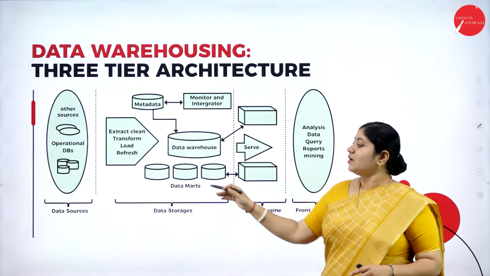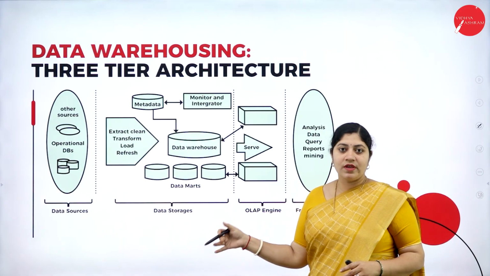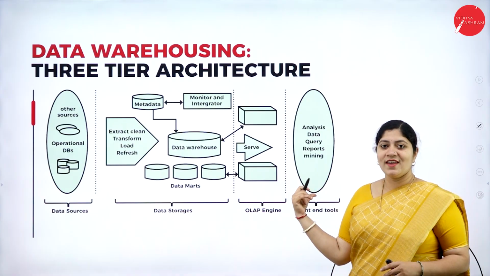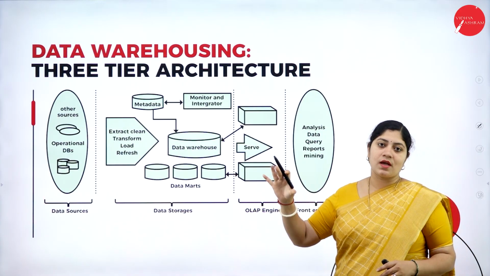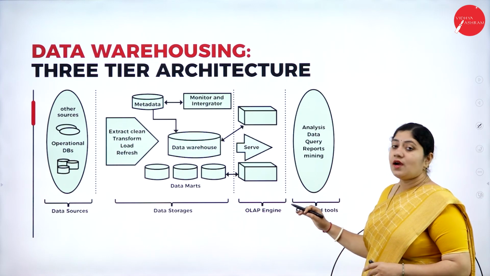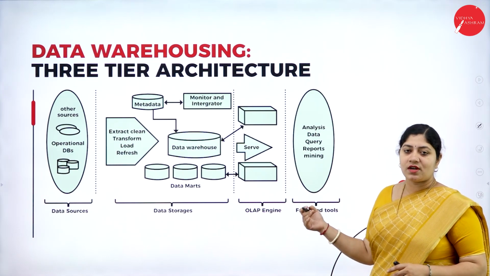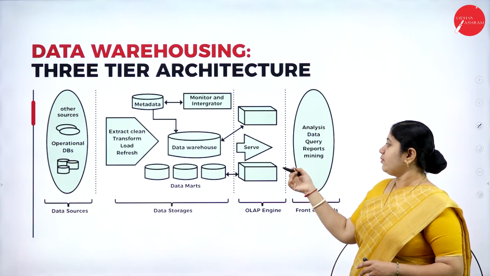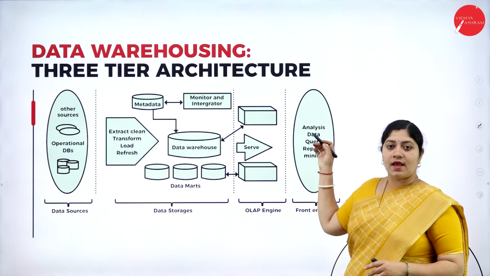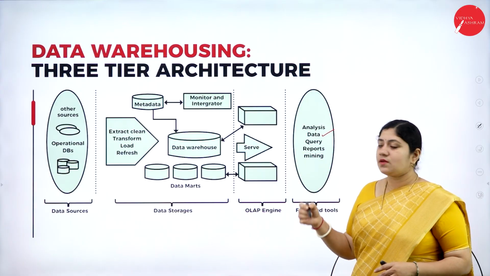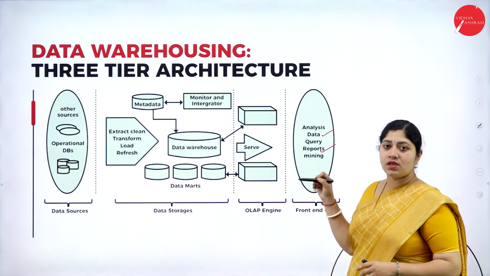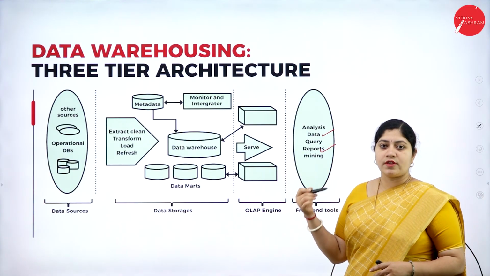Then further, after these two, we have the main crucial thing, that is the top tier, which is also called front-end application design. And under this, various tools that can be designed are based on analysis, that is data analysis, or data query system followed by any reporting things or data dashboards that have to be designed.